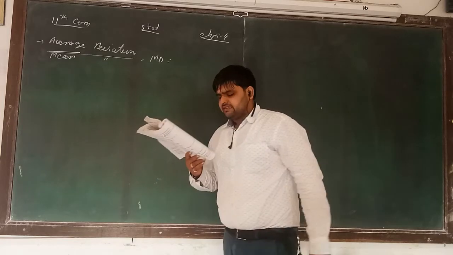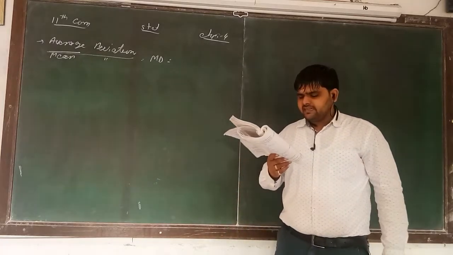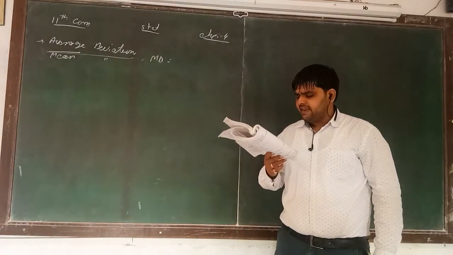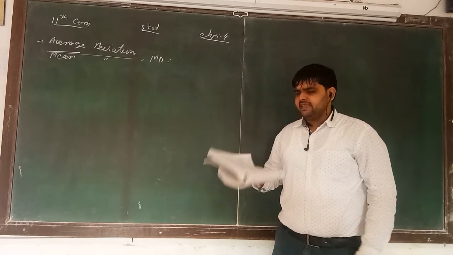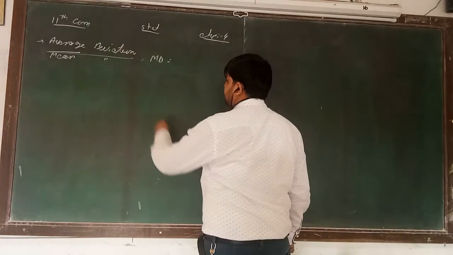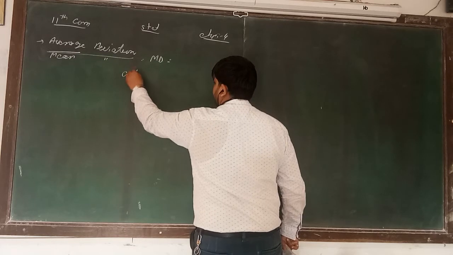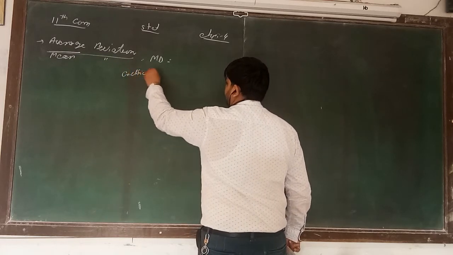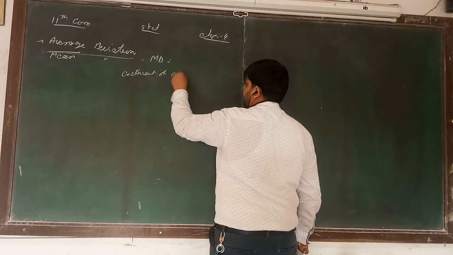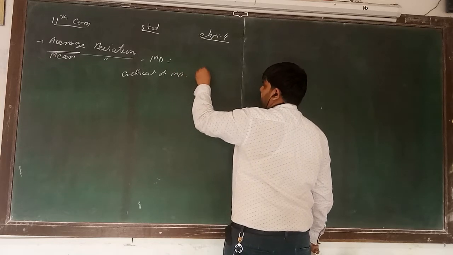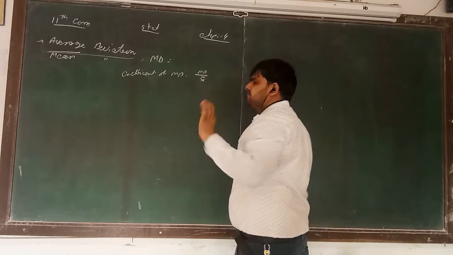Okay? Next one. The relative measure of mean deviation is obtained by dividing MD by the mean, that is, coefficient of MD is equal to MD divided by X bar.